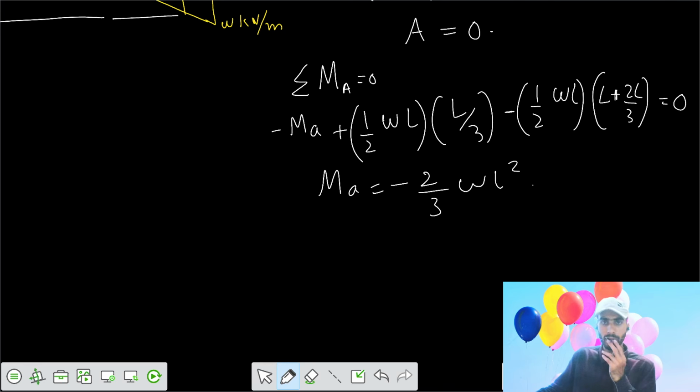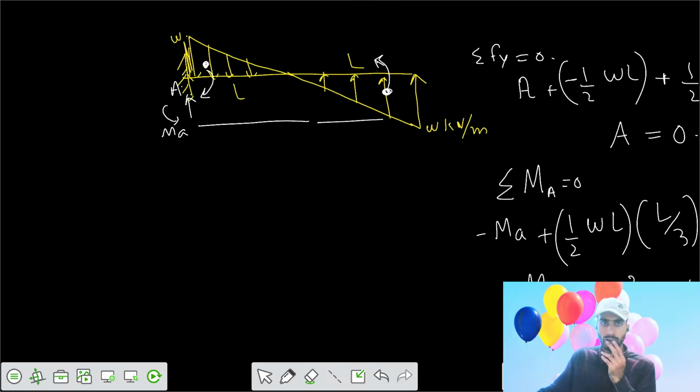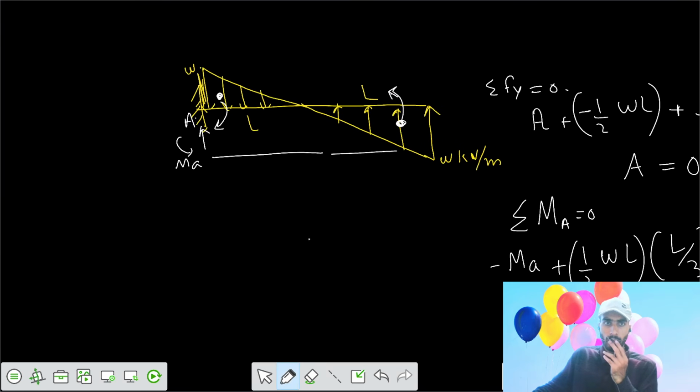So what does negative mean? That means we have assumed anti-clockwise, but the moment actually developed is clockwise. Because of this triangle, since its distance is smaller, the clockwise effect of this one is smaller.